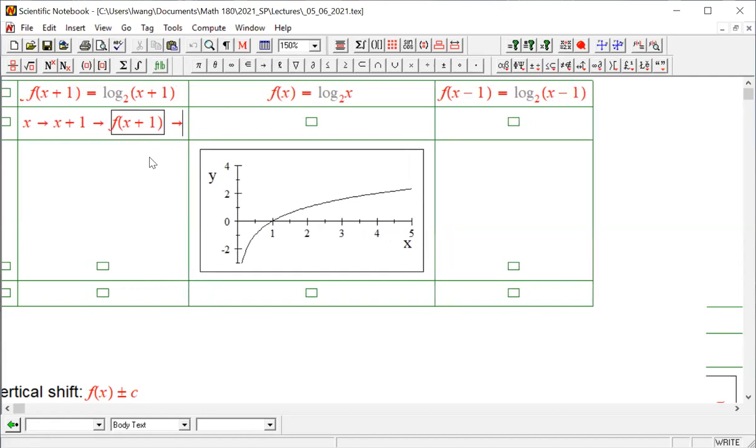So that's how it works. Does everybody understand this mechanism?